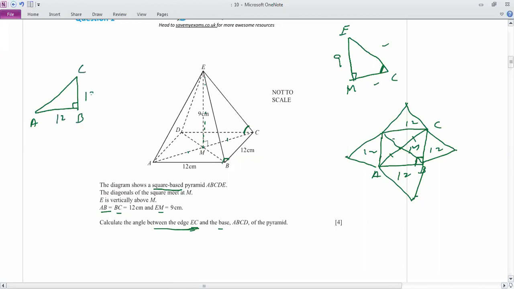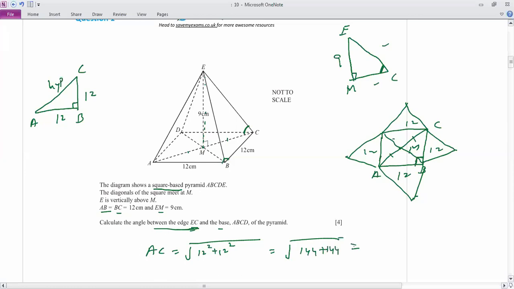This is 12, this is 12. So find this diagonal AC first. Obviously it's a right angle triangle, so Pythagoras theorem, this is the hypotenuse, yes? According to Pythagoras theorem, if I need to find AC, AC will be the square root of the squares of the other sides, 12 squared plus 12 squared. It will become the square root of 144 plus 144.